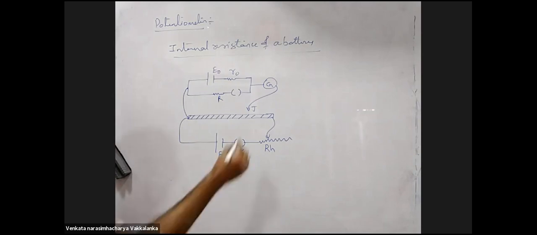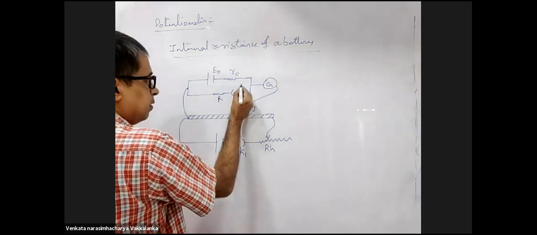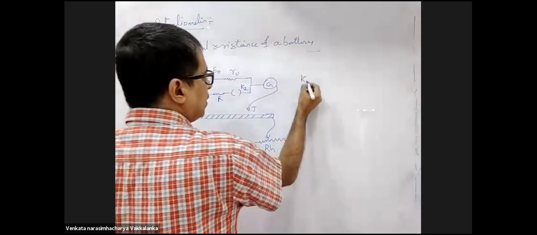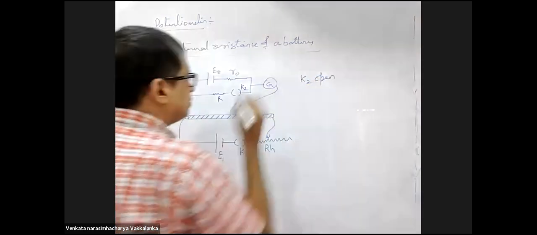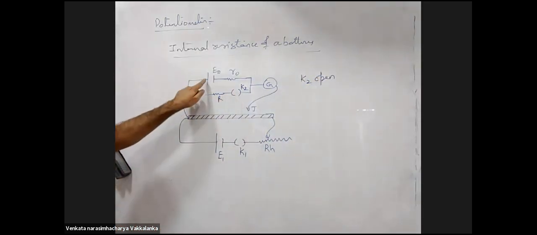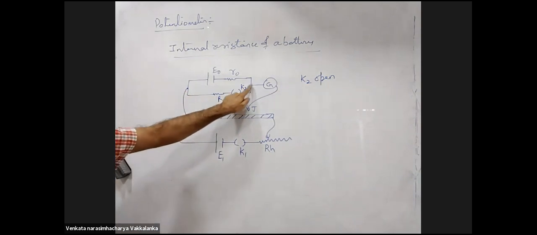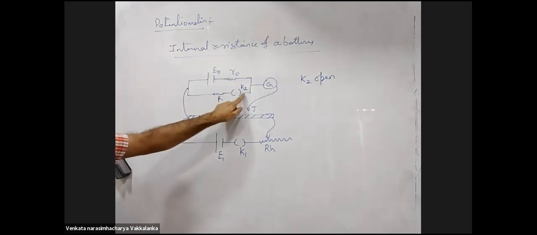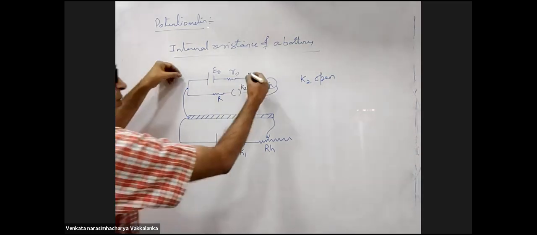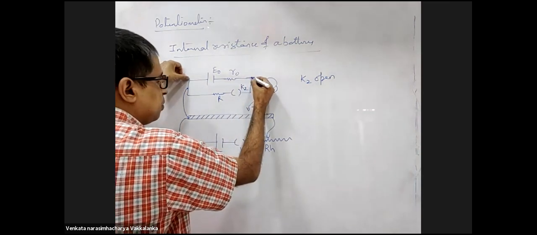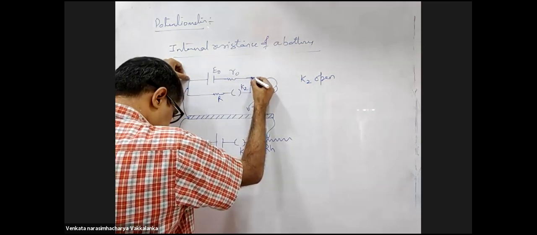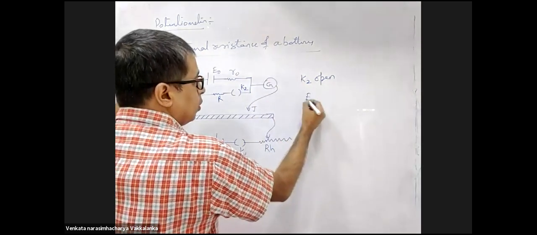Right? First, I will keep K2 open. When K2 is open, there will be no current in this branch. Do you agree with that? Yes, sir. So what will be the potential difference across these two points? E0.